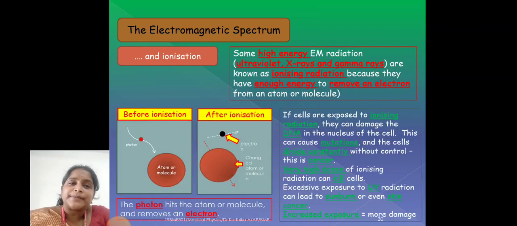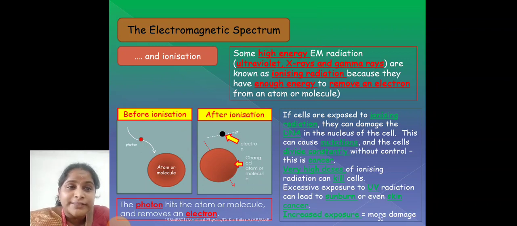Some high energy electromagnetic radiation, ultraviolet, X-rays and gamma rays, is known as ionizing radiation because it has enough energy to remove an electron from an atom or molecule. See this example: a photon hits an atom or molecule and removes an electron. If cells are exposed to ionizing radiation, it can damage the DNA in the nucleus of the cell.